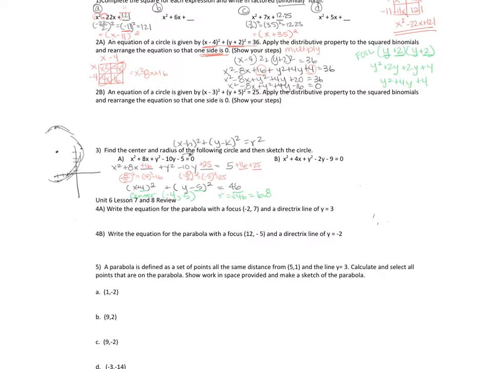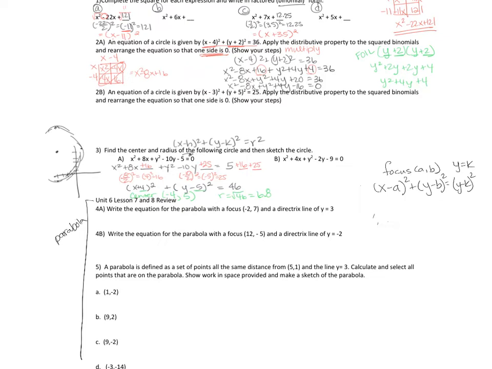So now let's continue with lessons 7 and 8. In lessons 7 and 8, we were working with a parabola, and we had a new equation. When we were working with a parabola, we worked with the equation x minus a squared plus y minus b squared equals y minus k squared, where (a, b) was my focus and k was my directrix.